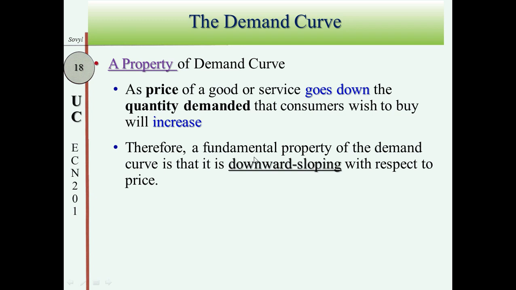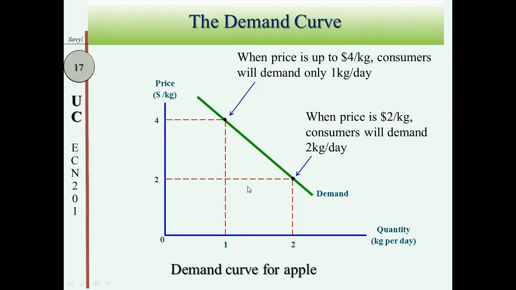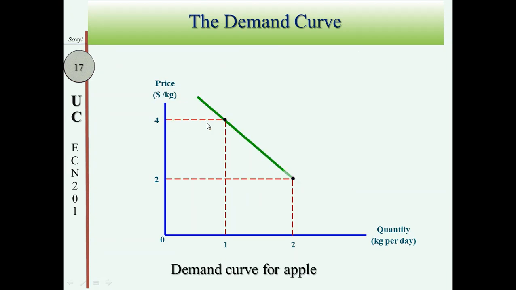Therefore, the fundamental property, the basic property of the demand curve, is that it is downward sloping with respect to the price. What does downward mean? You can see where you draw down. The direction is down with respect to the price, because the price here goes downward from 4 to 2.